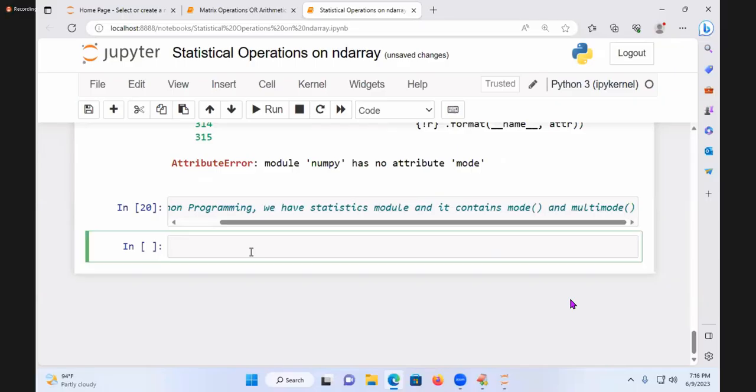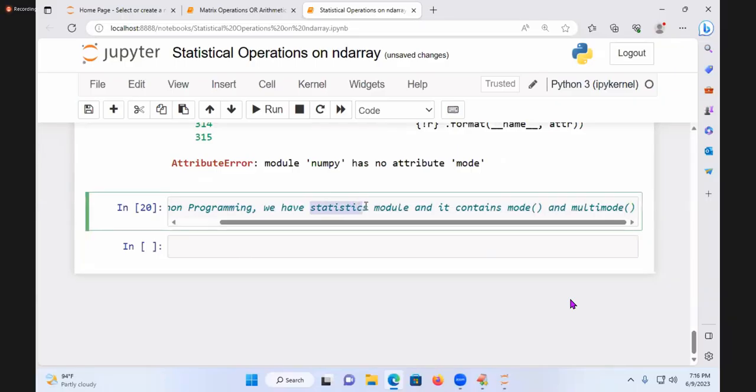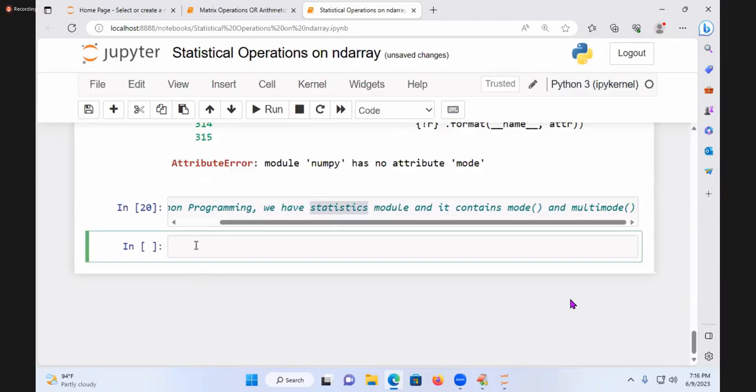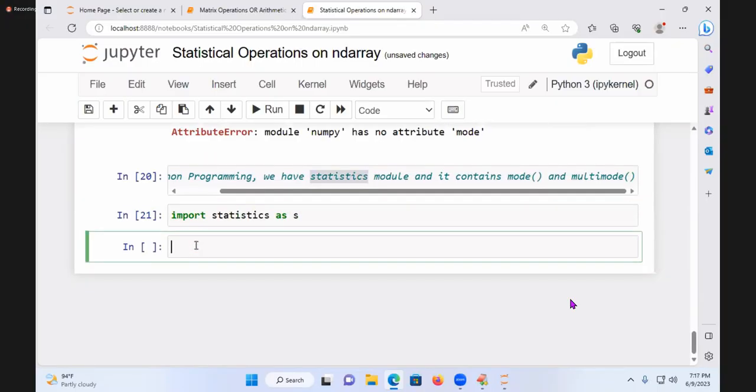Let us import that module here. Import statistics as yes. Statistics is not a third-party module; it is there by default in Python. Now apply it. What will mode give you? The most frequently repeated element is called mode. Understand?